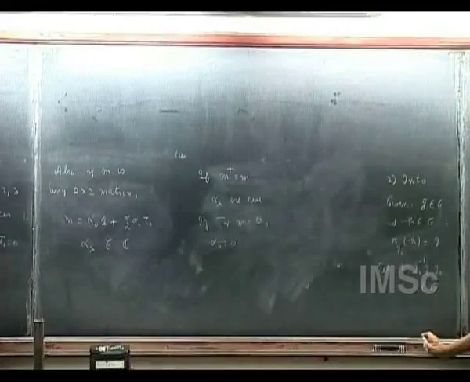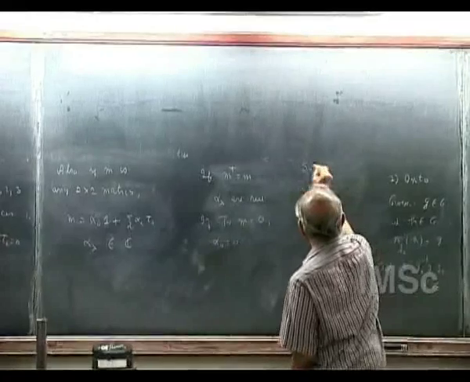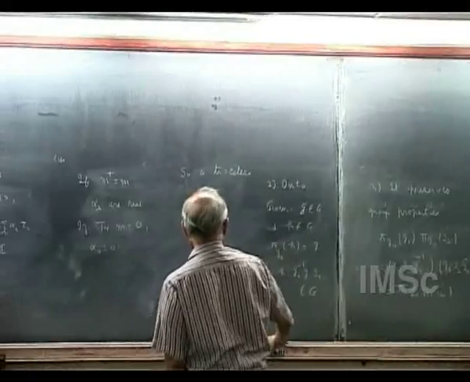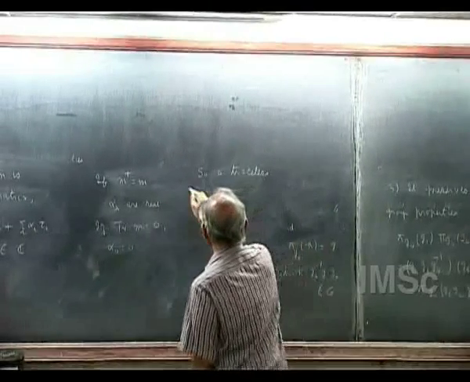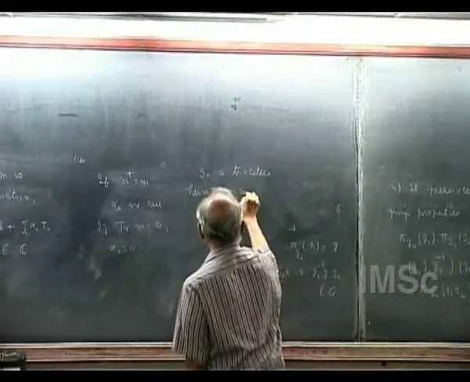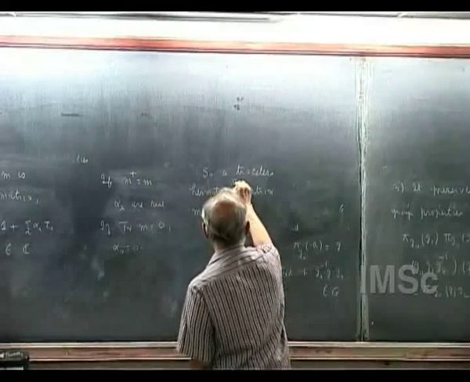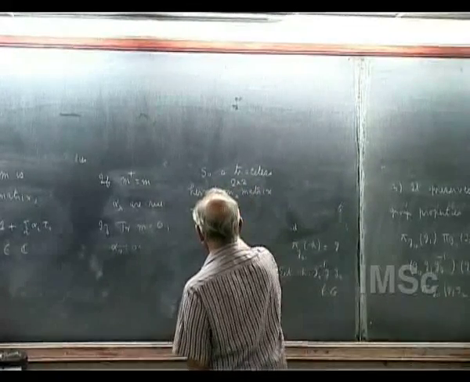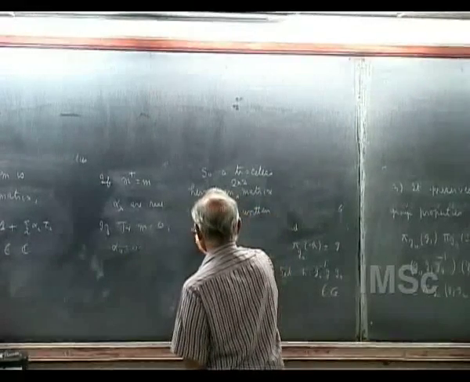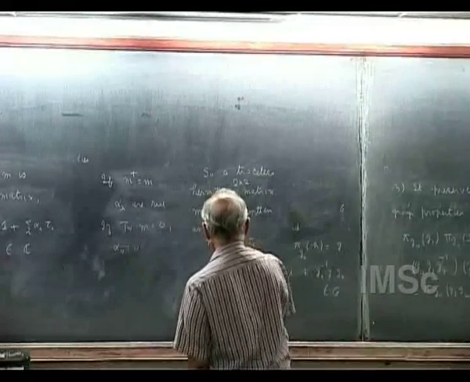So a traceless Hermitian matrix, this is the important point, a 2 cross 2 one can be written as M equals summation alpha i tau i, with alpha i real.